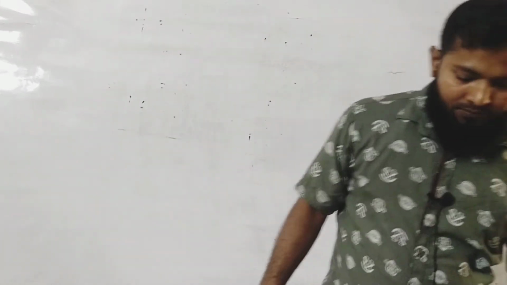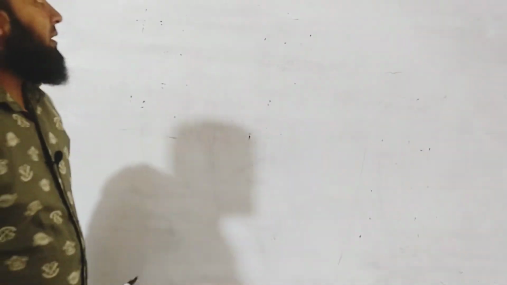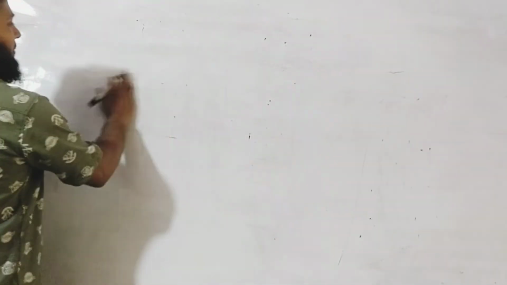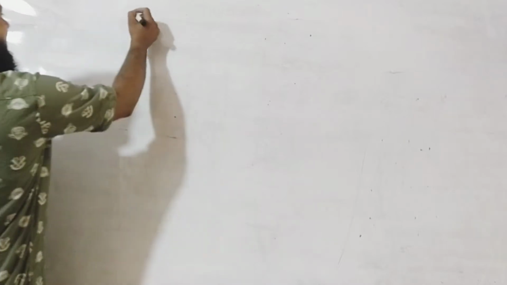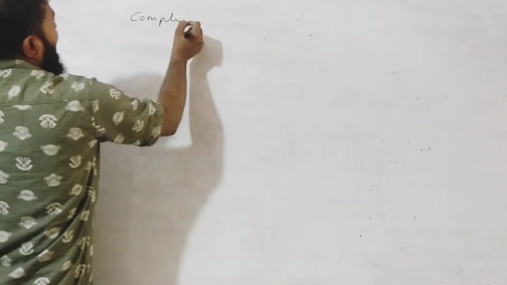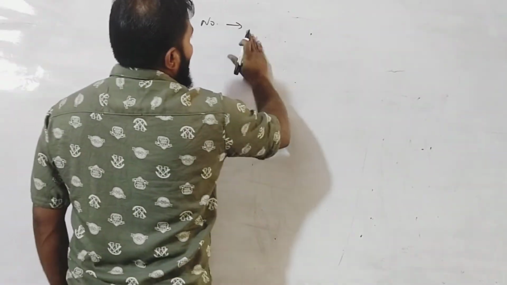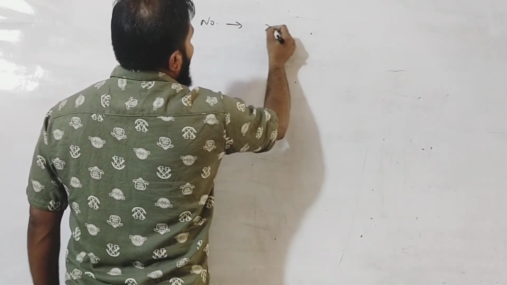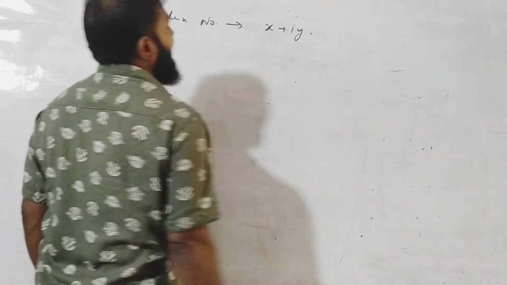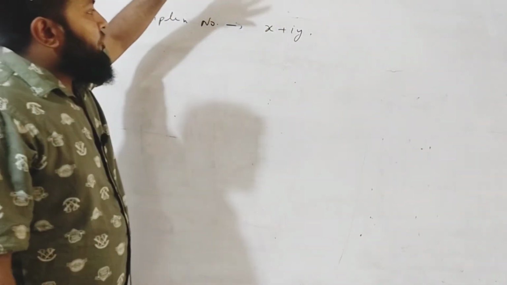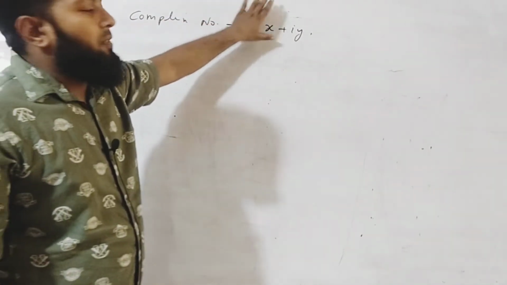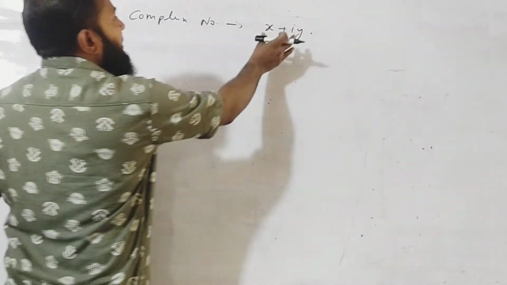Now, complex number. What is the form of a complex number? Each complex number can be expressed in the form x plus iy. This is the standard form of a complex number, and it is denoted by z.